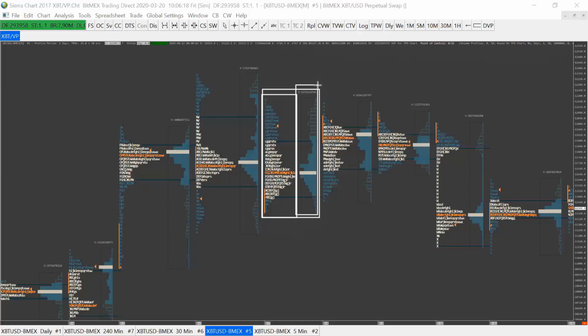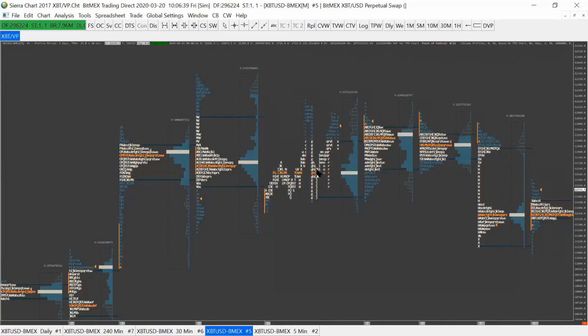What market profile does is show you how many times during the course of a session or day, whatever time frame you've got it set on, price traded through a specific price. In this case, each of these letters, you'll see it's coded alphabetically, represents a 1-hour candle.